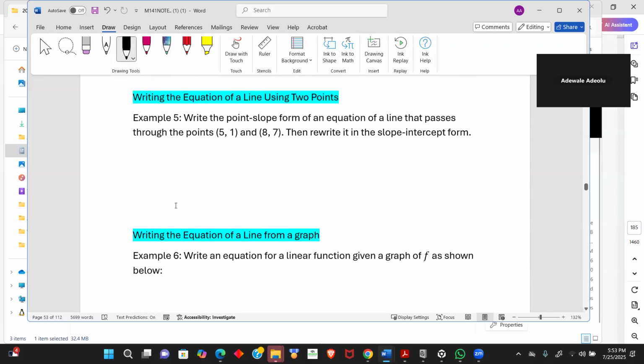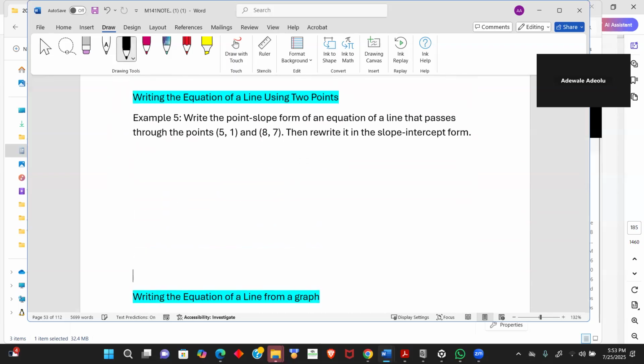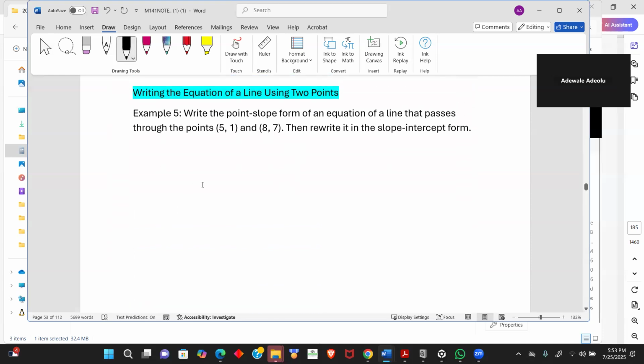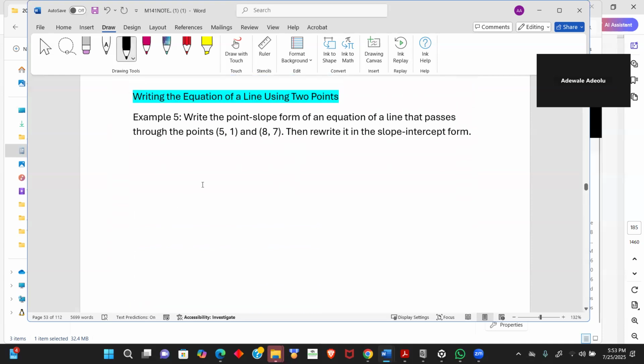Okay, writing the equation of a line using 2 points. Now, if I ask you, what do you think we should do if we have 2 points? In this case, we do not have the slope. We were only given 2 points.